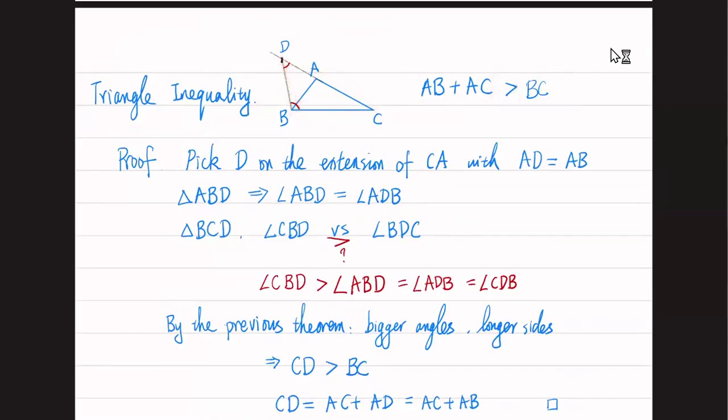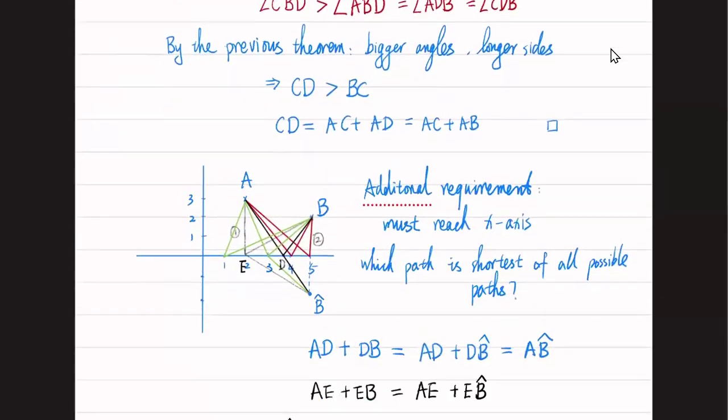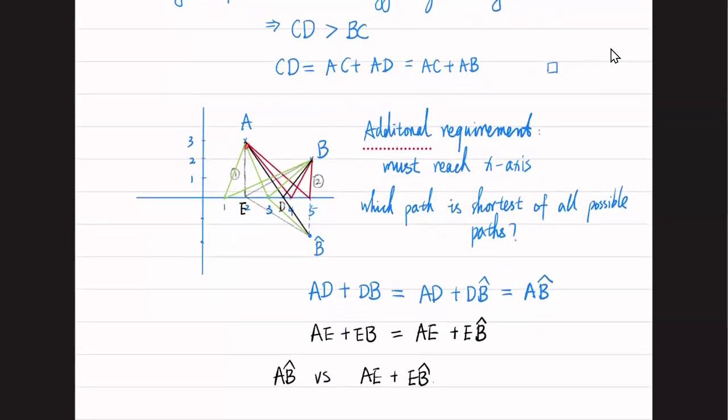Same thing here. If we look at the triangle A, E, B hat, then the summation of the two sides is always longer than the third side.